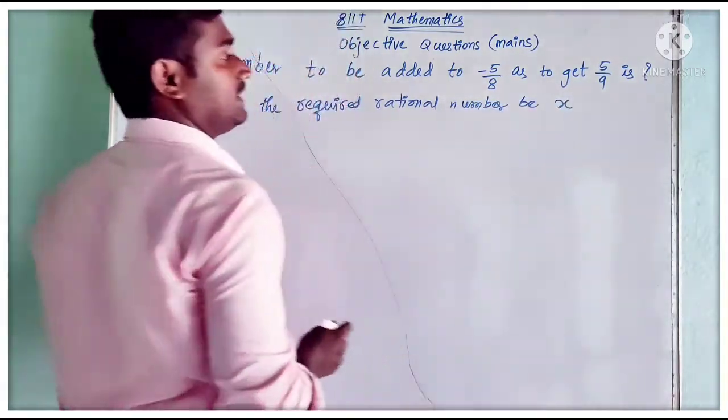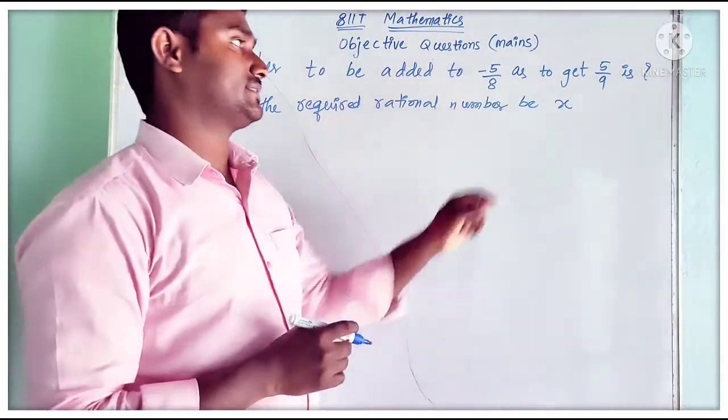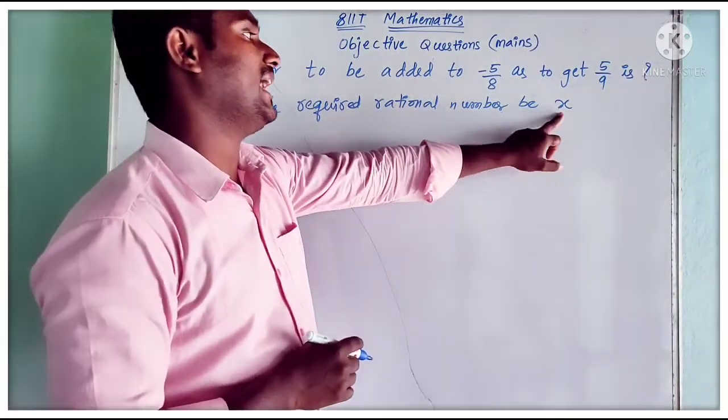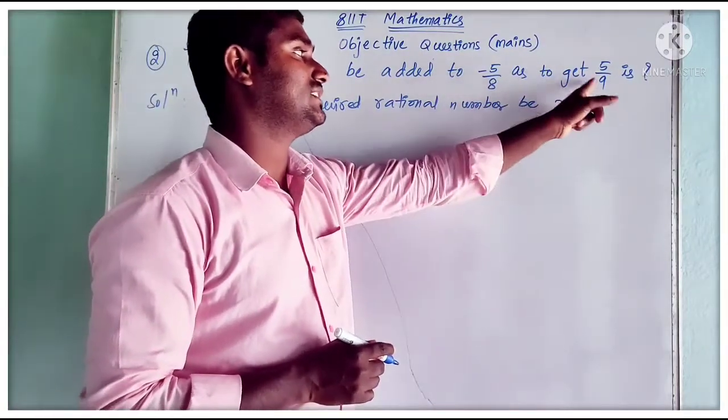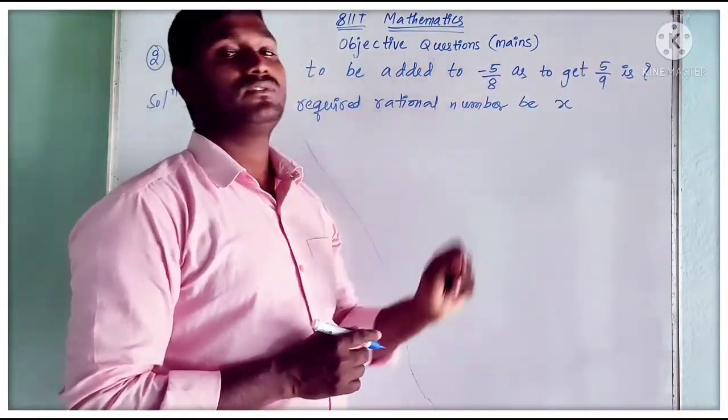So we are going to add x to this minus 5 by 8, then the sum becomes 5 by 9.